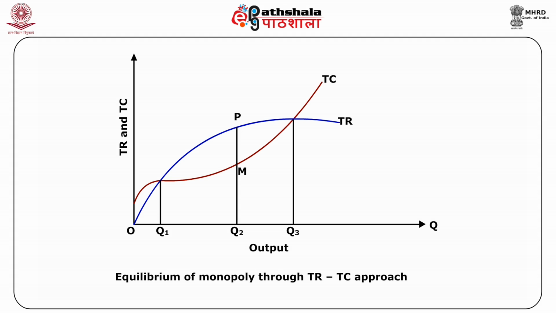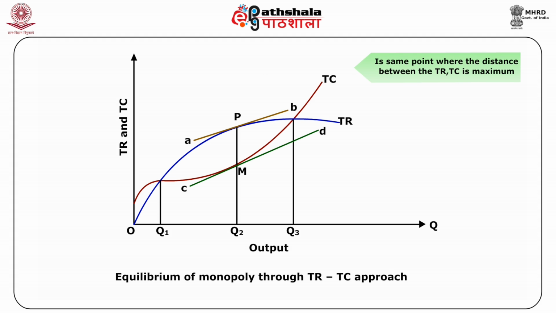Another way of finding out the maximum profit is through the tangency points on TR and TC. Consider the diagram. If we draw two parallel lines, one at TR and one at TC, then the parallel lines are tangent to TR at point P and to TC at point M. Now, if we analyze this, this is the same point where the distance between TR and TC is maximum too.